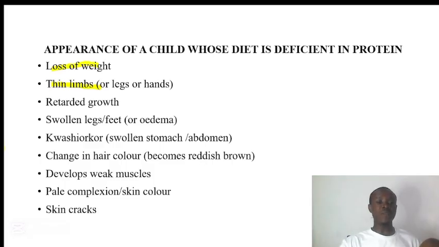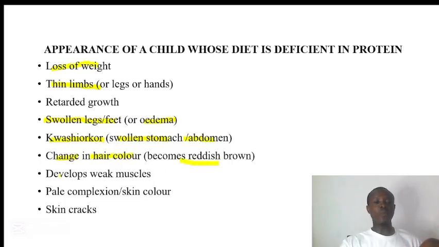And they will also experience swollen legs or feet, which we call oedema. And they will experience what we call kwashiorkor, which is a swelling stomach or abdomen, and they will experience a change in hair color. The hair color will become reddish brown.